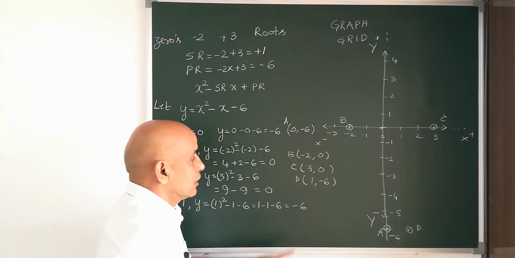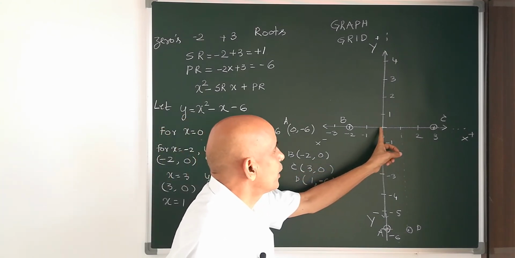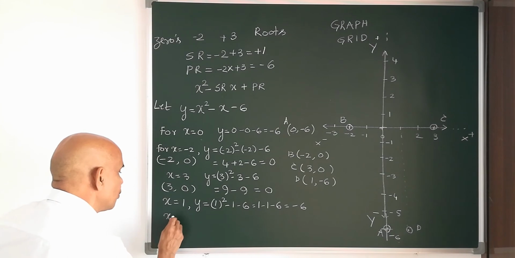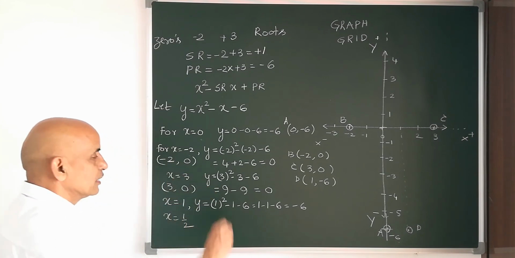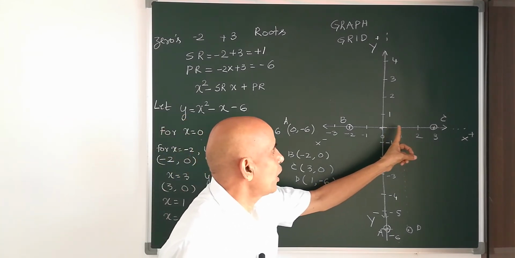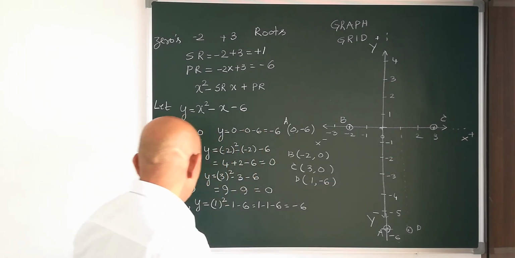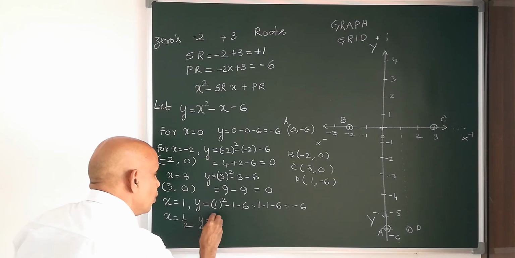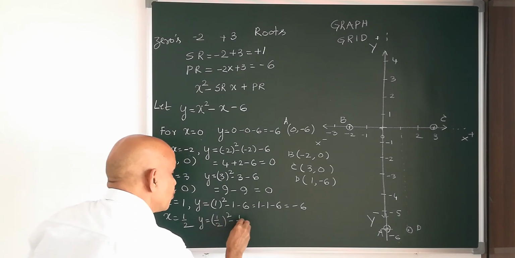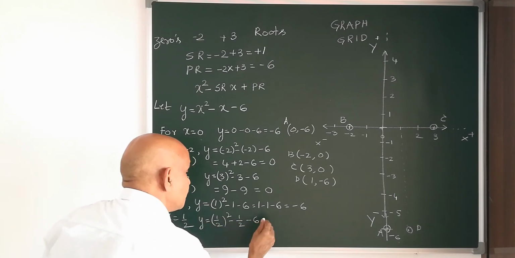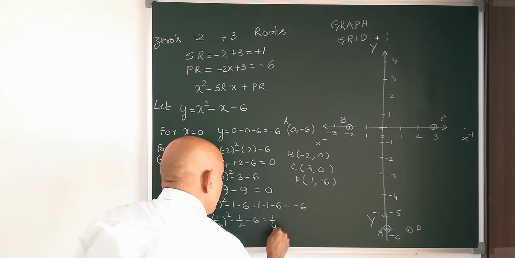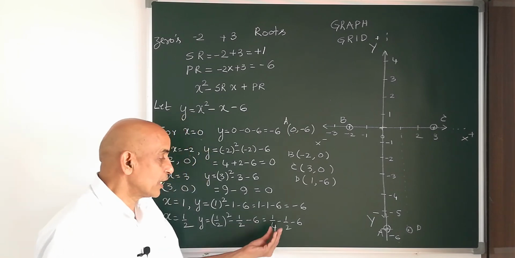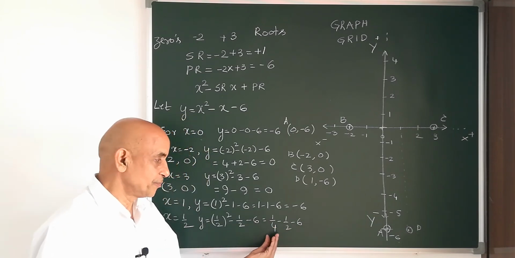So where it takes a turning, if you want to find, you take some middle point here. Suppose I put x is equal to 1 by 2, a middle value between 0 and 1. If I take x is equal to half, y is equal to 1 by 2 whole square minus 1 by 2 minus 6, which is equal to 1 by 4 minus half minus 6. Children, understand this calculation.